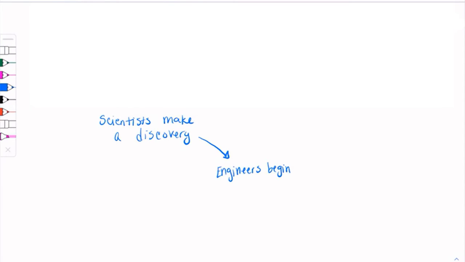We start with scientists. Make a discovery. They notice that something is happening in a pattern, okay? That leads to engineers beginning to develop a design for whatever the scientific discovery is.